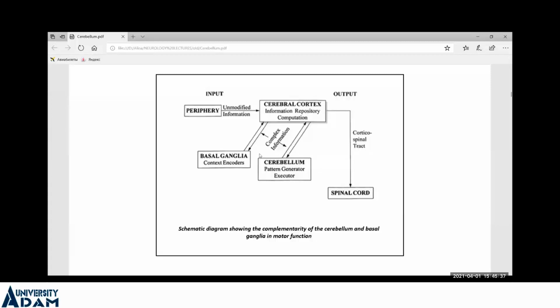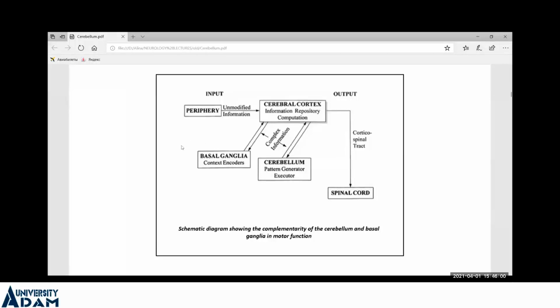So, guys, how does it work? As you remember, we said that we have ascending and descending pathways, right? But if you pay attention here, in the basal ganglia and in the cerebellum, these routes go both ways, input and output.